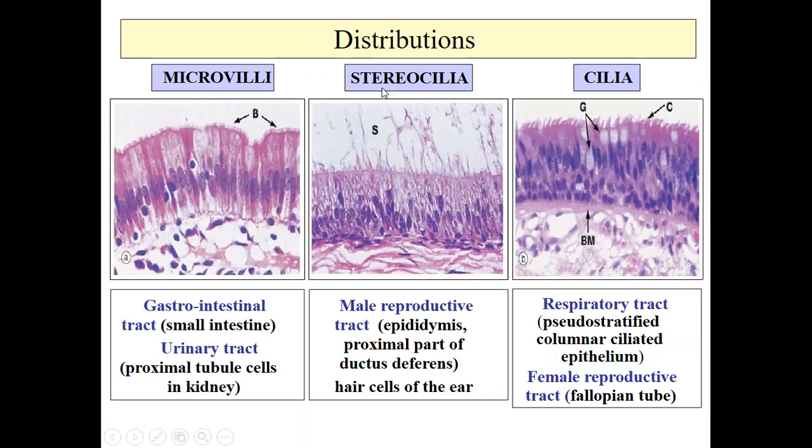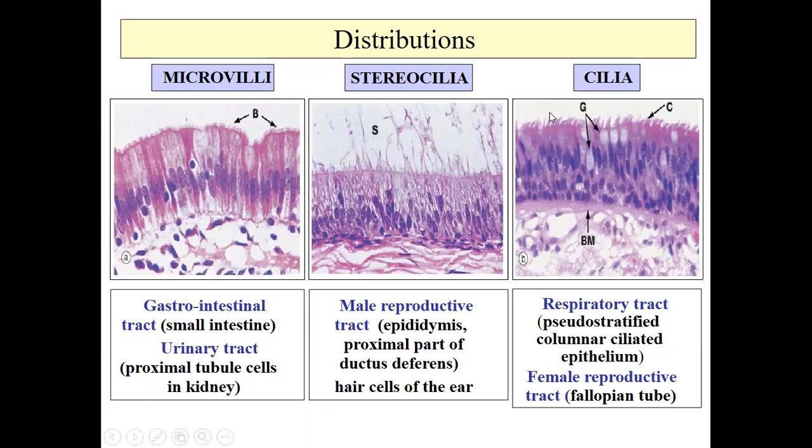For the stereocilia, it can be found in the male reproductive tract, in the epididymis, proximal part of the ductus deferens, and also the hair cell of the ear. This is the area where you can find the stereocilia. For the cilia, it can be found in the respiratory tract, part of the pseudostratified columnar ciliated epithelium, and also in the female reproductive tract, the fallopian tube.